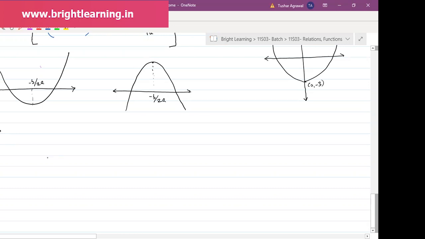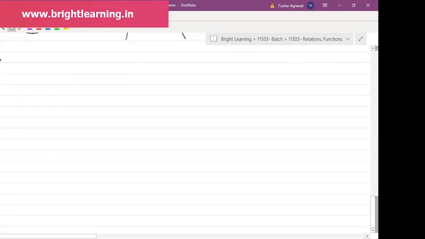First, f of x is equal to ax square plus bx plus c.